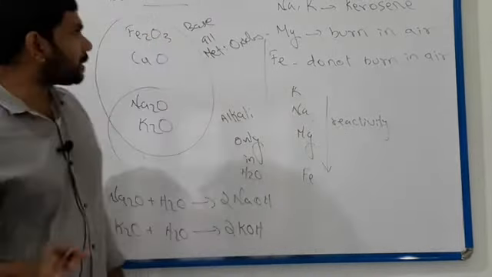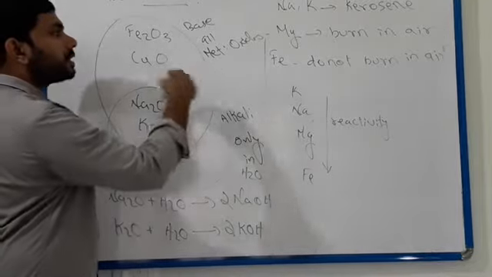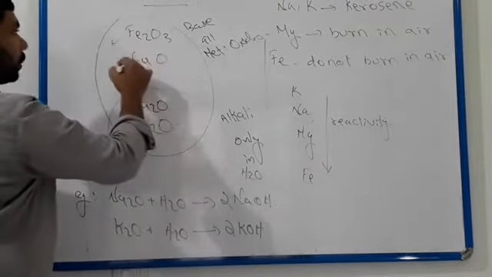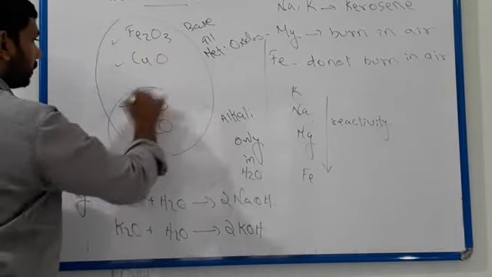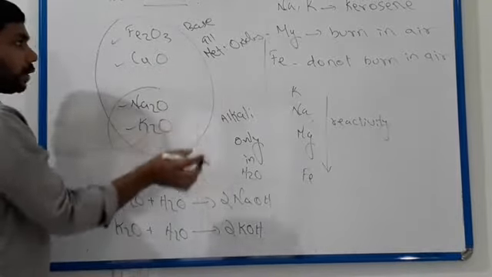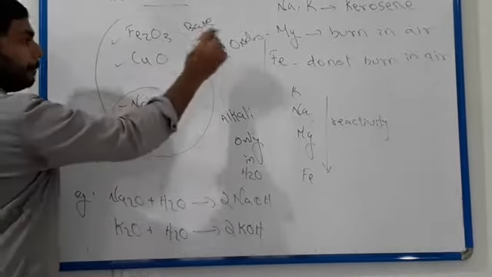Except amphoteric, all metal oxides are base. Here Fe2O3, copper oxide, sodium oxide, potassium oxide are all metal oxides, and all are base.